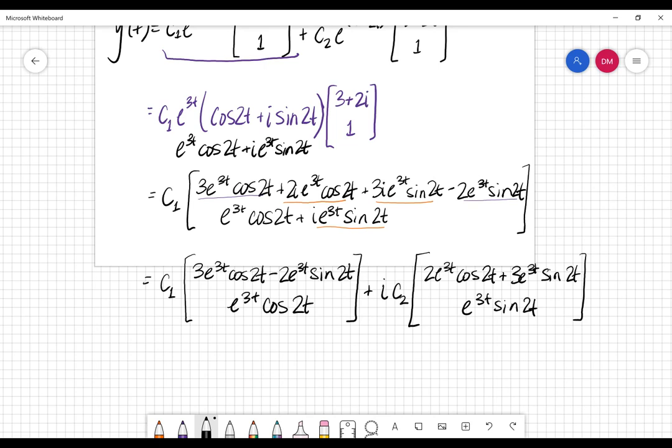So, like I said, let's bring out e to the 3t, which would leave us with 3 cosine 2t minus 2 sine 2t, and then cosine 2t here.